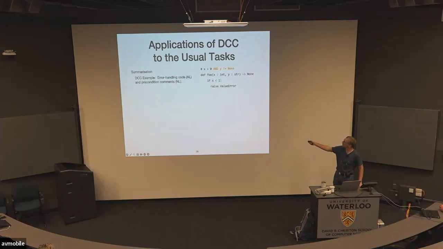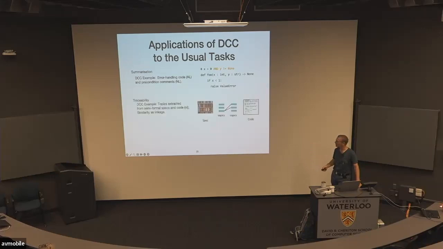Here I've shown a comment with a precondition, and these two align, but this one has no appearance here. So we have a violation here. The precondition isn't fully reflected in the code.